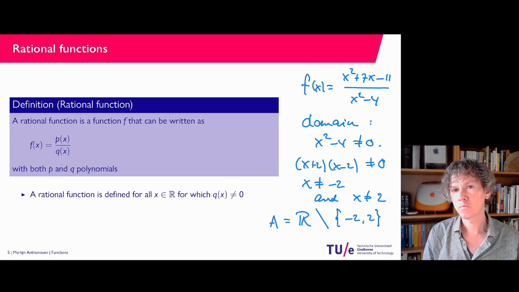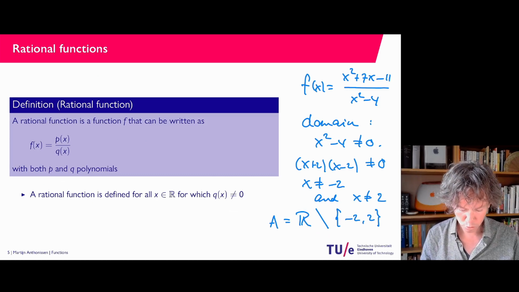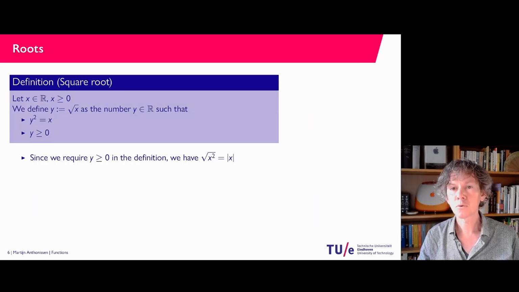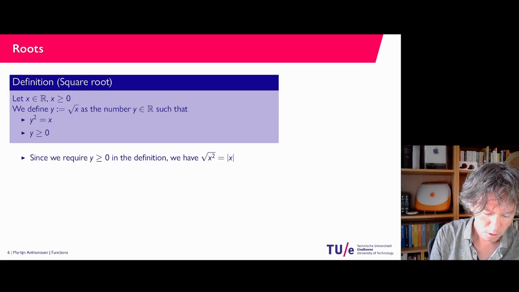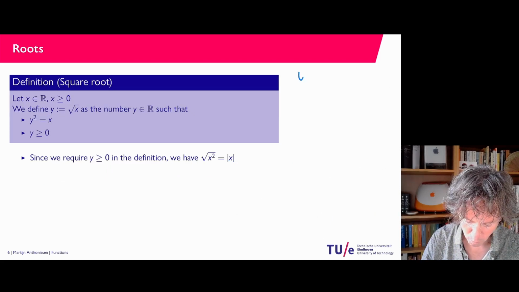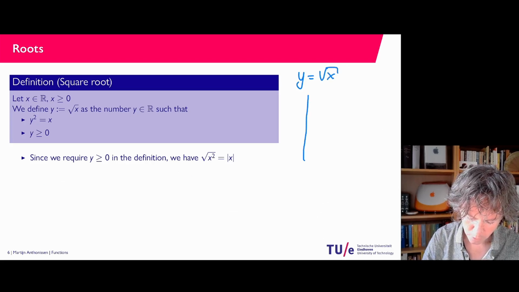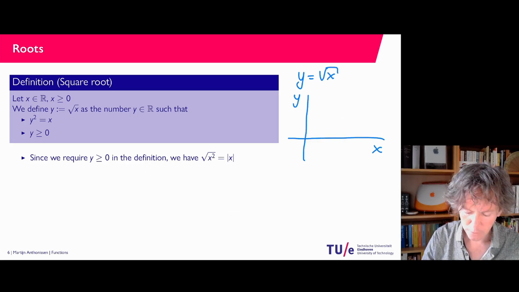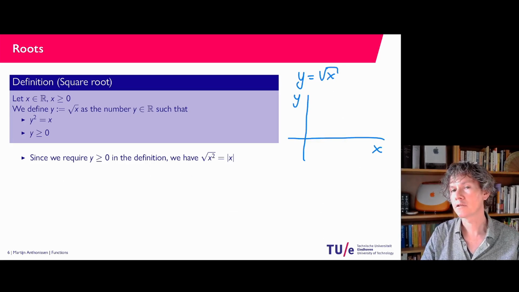Last type of functions that I would like to consider in this video are roots. And the simplest one is the square root function. So you already know that if you have y equals square root of x, you get this graph, right? So we have x values, we have y values. You can only apply it to non-negative x's.